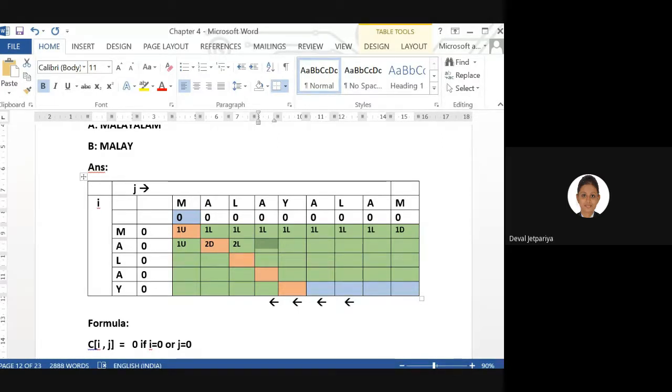Yes, it is 1. So what is the rule in case of matching? Diagonal plus 1. If you add 1 to 1, what answer do you get? 2. And what symbol do you need to keep? D. Yes, then now it is 3D.